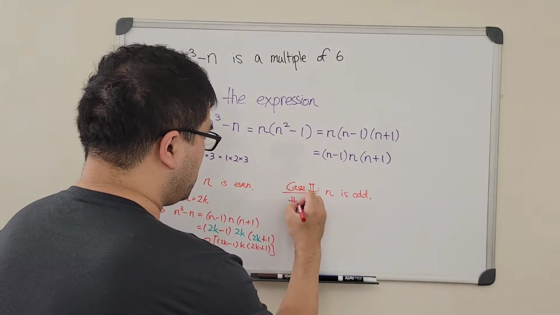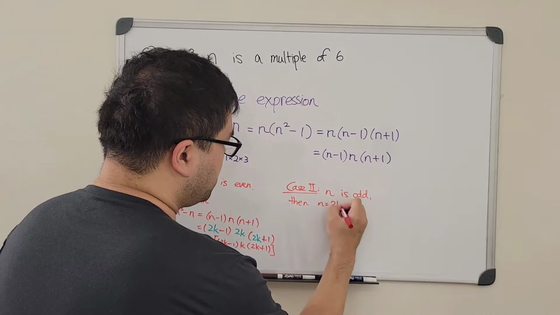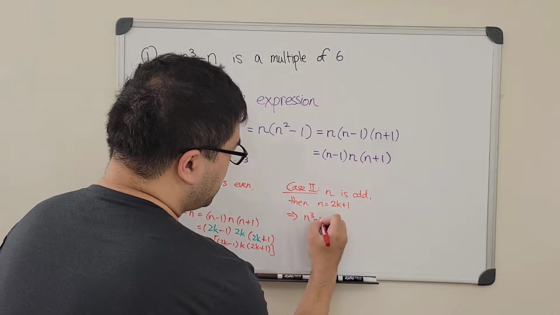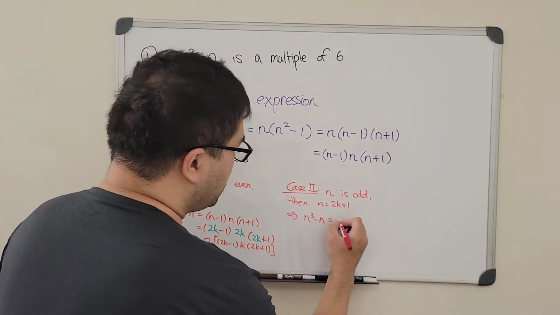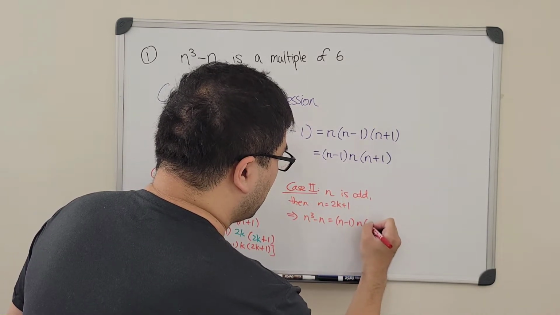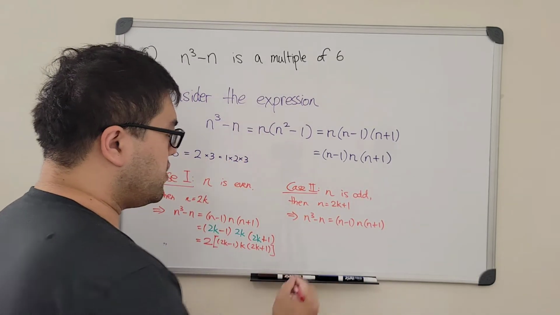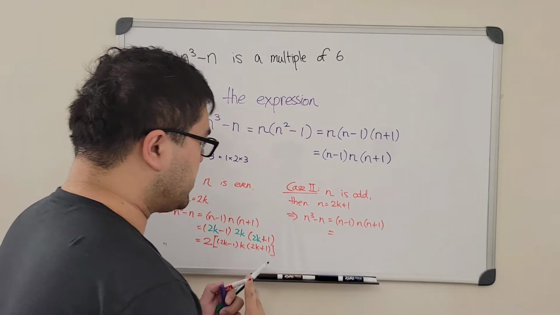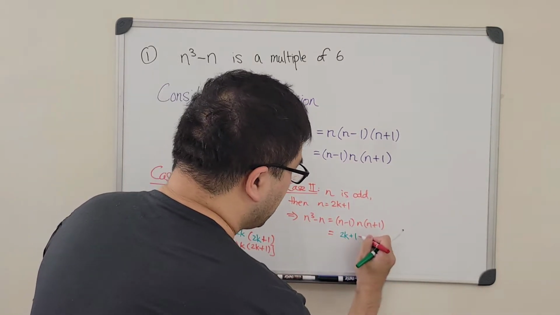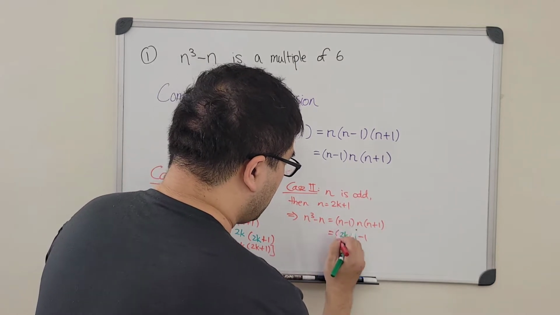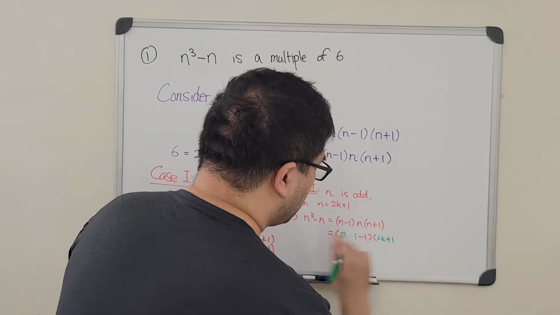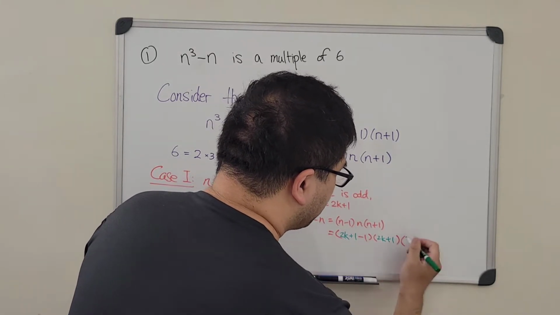if n is odd, then we can rewrite n as 2k plus 1, which implies that the expression n cubed minus n, or if we try to rewrite it as a product, we can do the substitution quickly to get 2k plus 1 minus 1 times 2k plus 1 times 2k plus 1 plus 1.